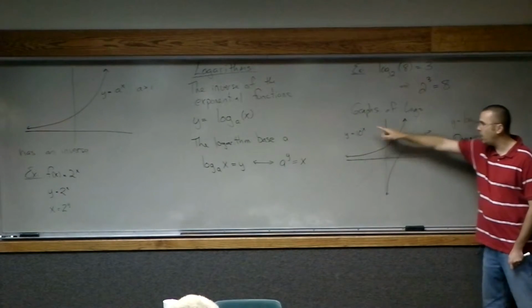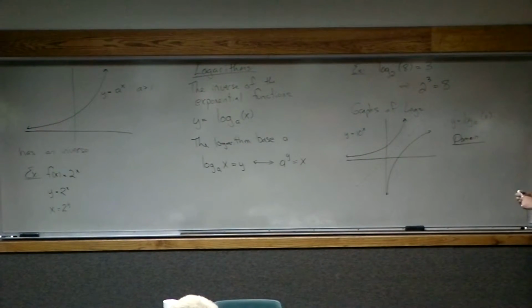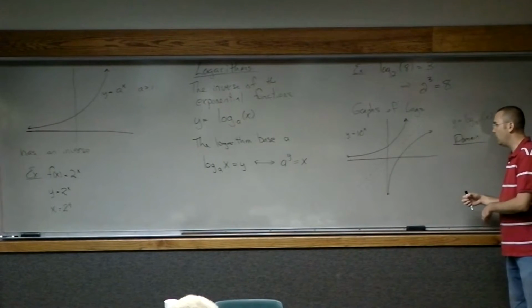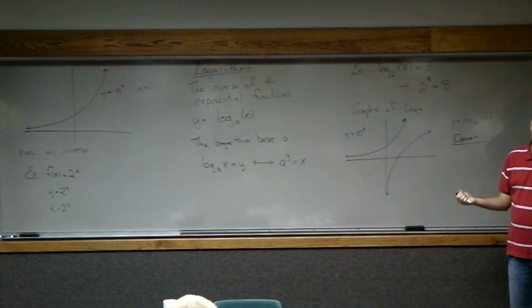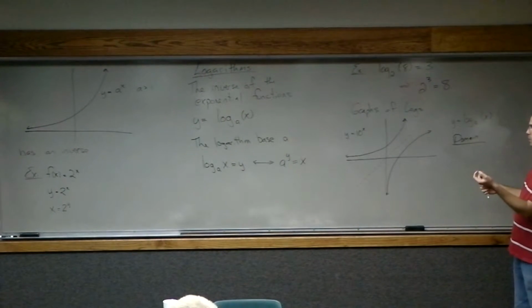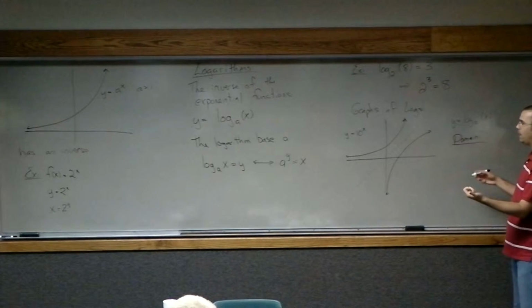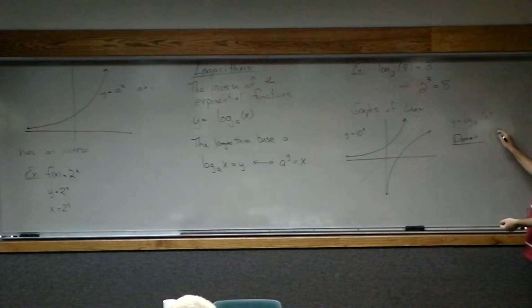When I raise a positive number to any power, do I ever get a negative number out? No. Will I ever get 0 out? I'll never get 0 out. I can get as close to 0 as I want, I'll never actually get 0. And so in this case, my domain here has to be greater than 0.